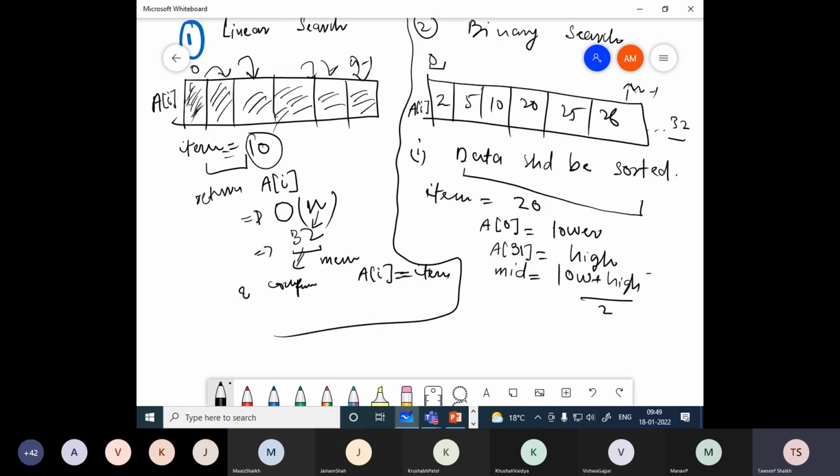In this case it is 0 plus 31 divided by 2, taking only the integer value. So 31 divided by 2 becomes 15.